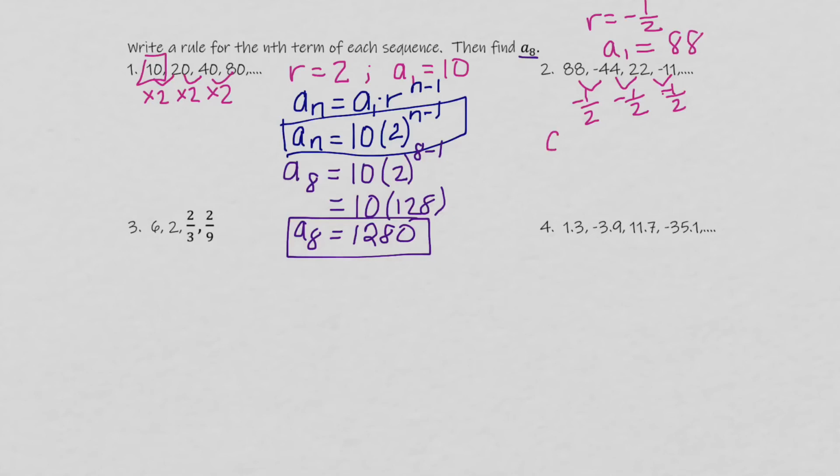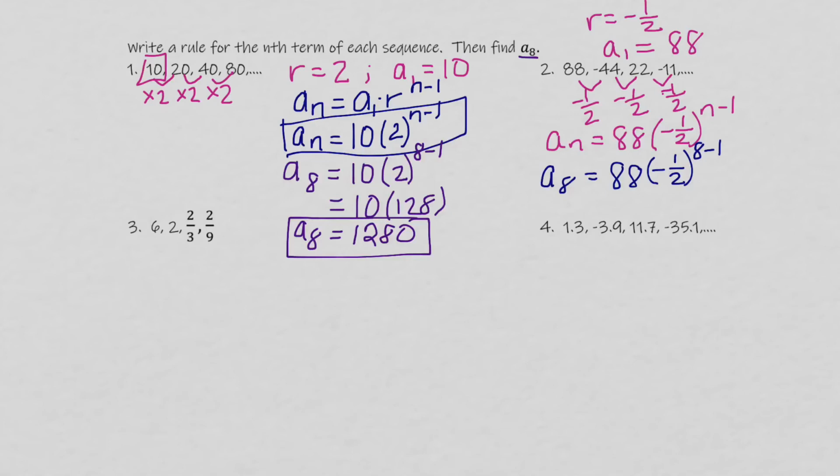So let's plug that into our formula. My a sub n is 88 times my ratio, which is negative 1/2, to the n minus 1. And then when I find my a sub 8, I'm plugging 8 in for my n. So 88 times negative 1/2 to the 8 minus 1 power, or to the 7th power.